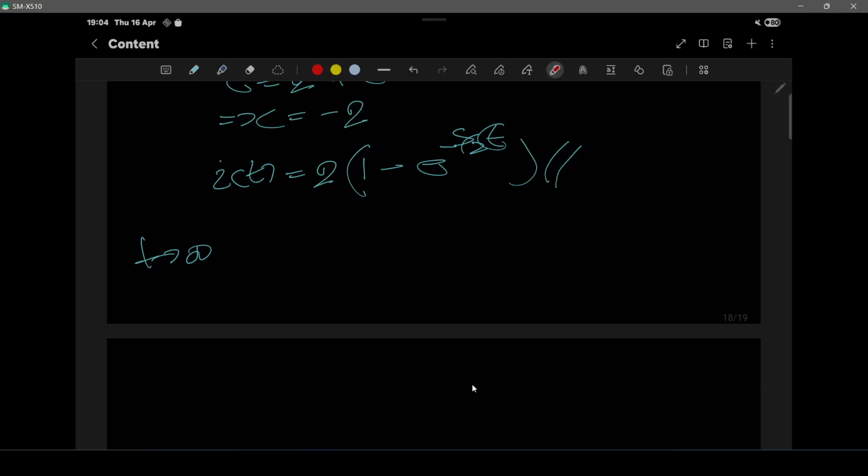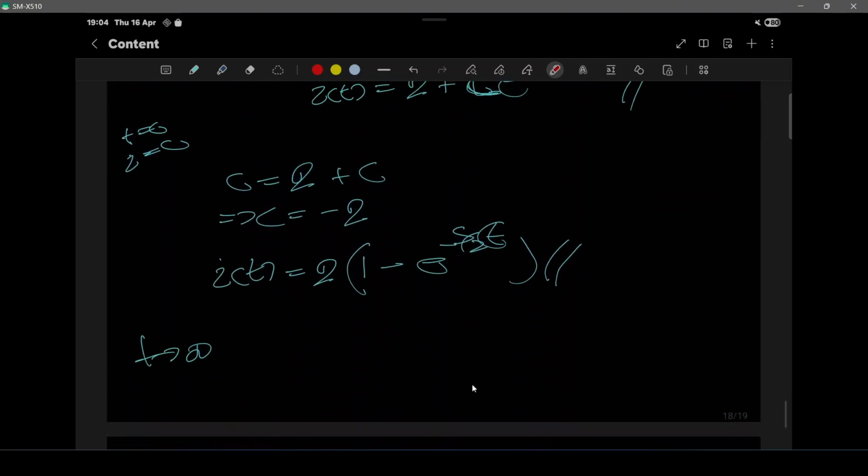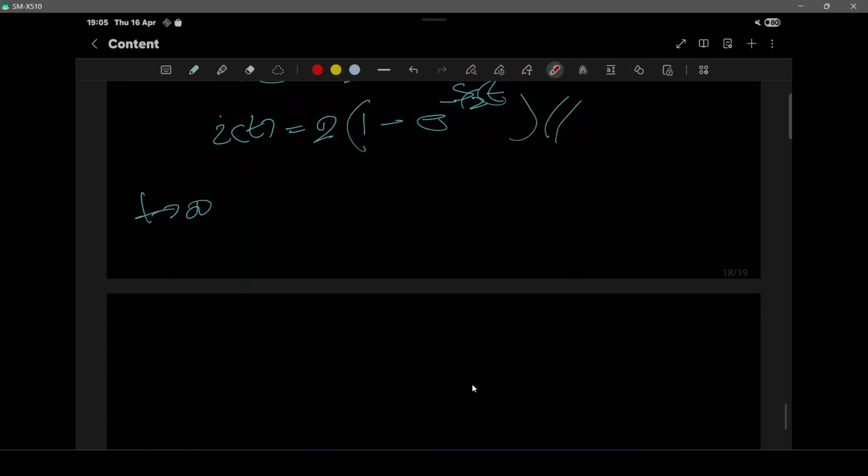There is another method of solving these equations: a complementary solution and a particular solution. We will talk about those in future videos. In electrical engineering, to find that this kind of thing happens, there is something called transient analysis. Transient means when there is a change.